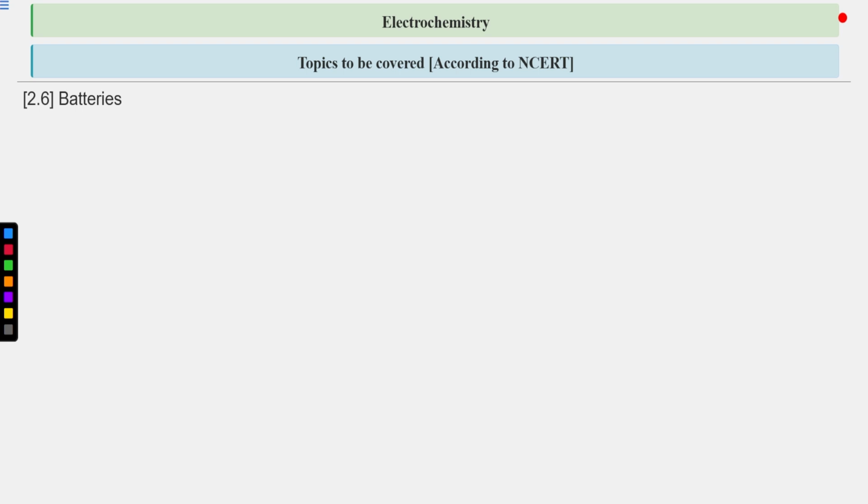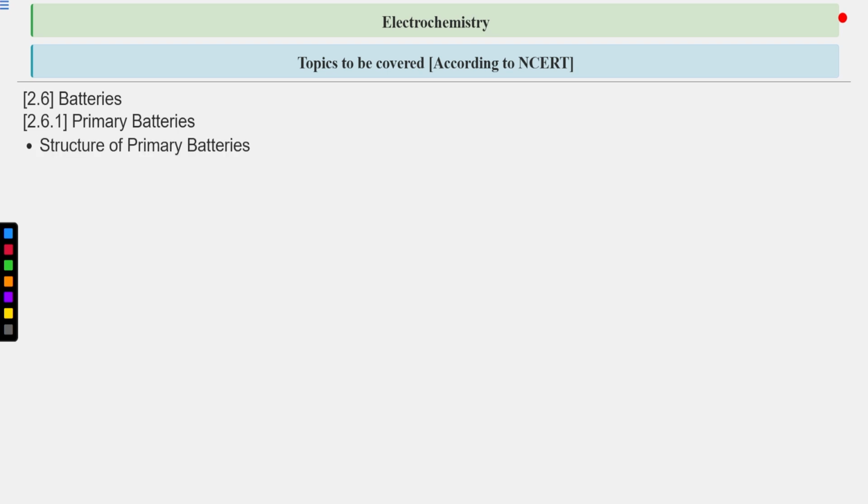These are the topics which we are going to cover according to the NCERT. The first topic is section 2.5, which is batteries. Then we will talk about subsection 2.6.1, which is primary batteries.